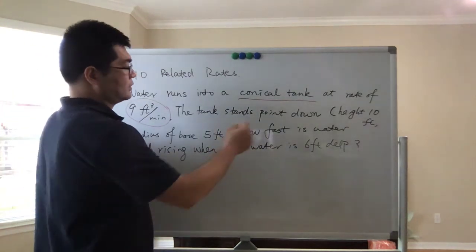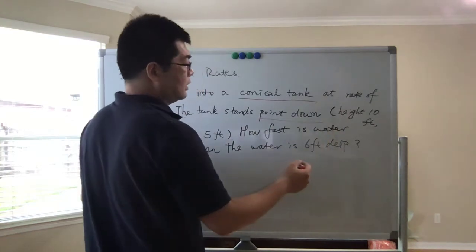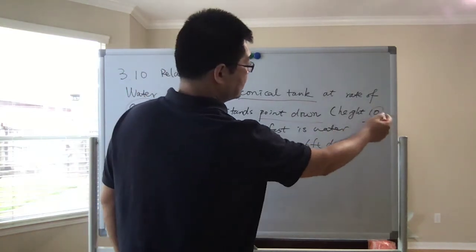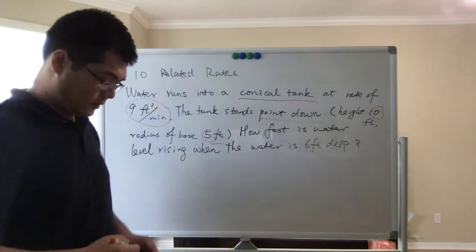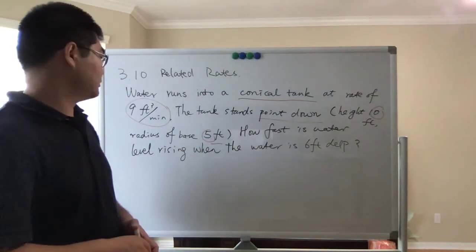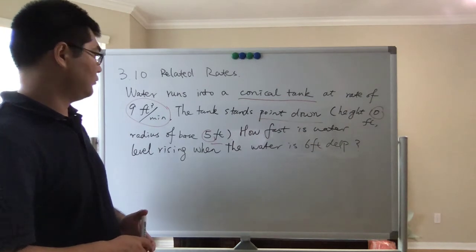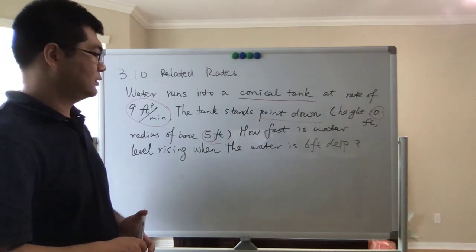The tank stands points down, the height is 10 feet, and the radius is 5. And how fast is the water level rising when the water is 6 feet deep?